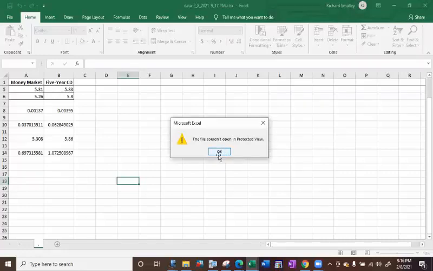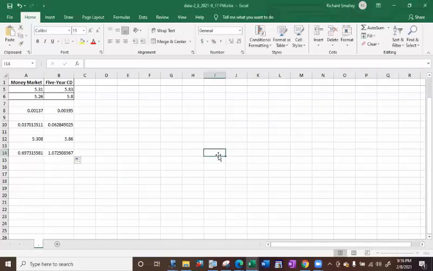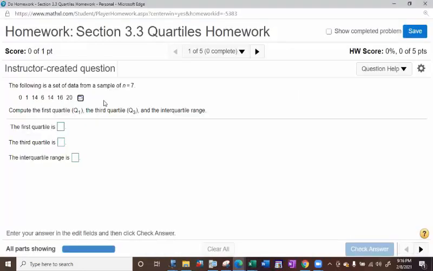All right. Okay, let me X. Did not open in protected view. Why am I in protected view?